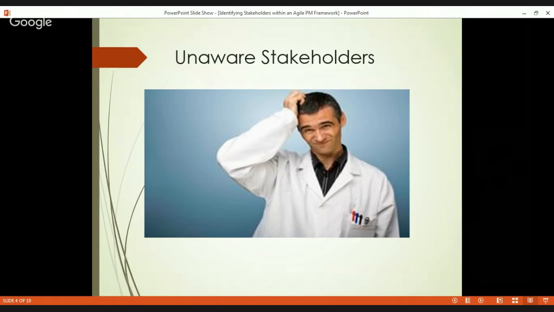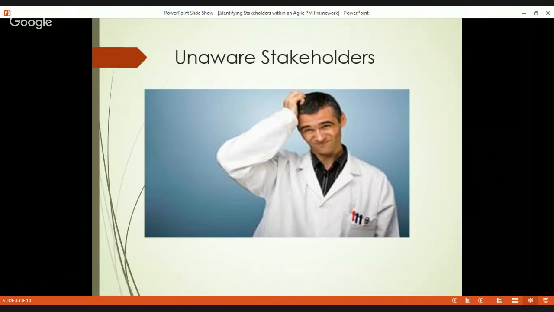Now that they're realizing the project will affect them in some way, stakeholder engagement is the first and vital process in Agile to make sure that all people know about the project and how it will affect them.